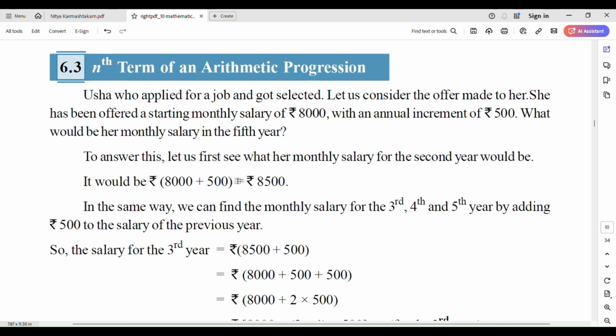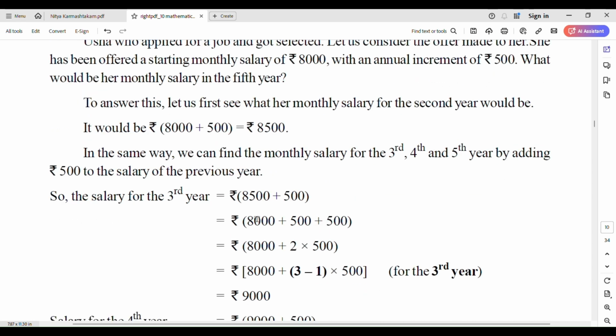Okay, so how do you do this? We know that her monthly salary at the beginning of the second year is 8,000 plus 500 because every year a 500 increment is there, 8,500. Similarly, we know that it will increment by 500 rupees every year, right? At the beginning of every year. So for the third year, it will be 9,000 rupees. That is, you can call it 2 into 500, right?